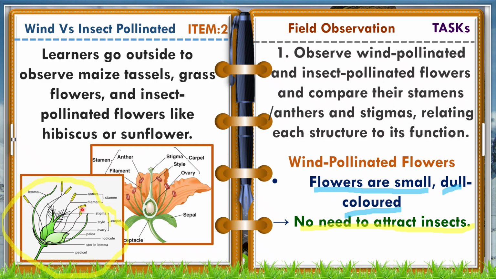They are dull colored and small in size. Why? No need to attract insects. So they don't need colors, they don't need to be large in size, because they are wind-pollinated flowers.